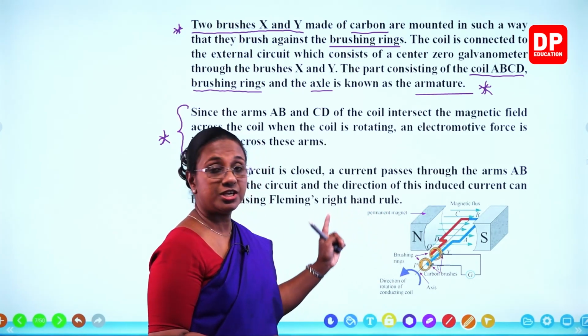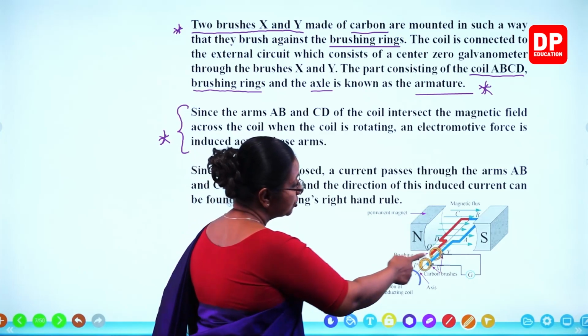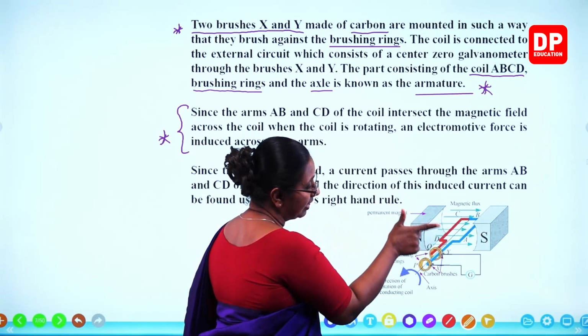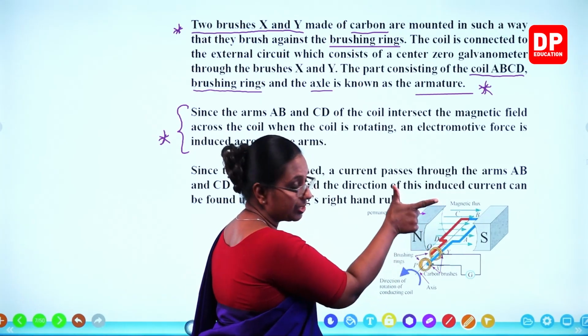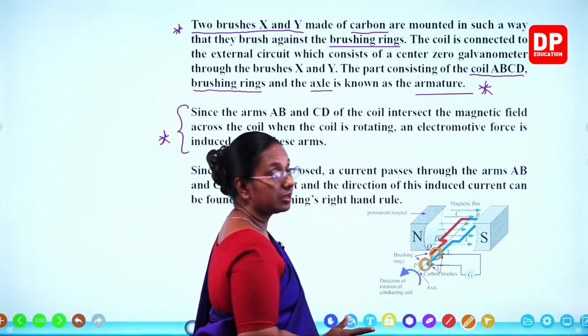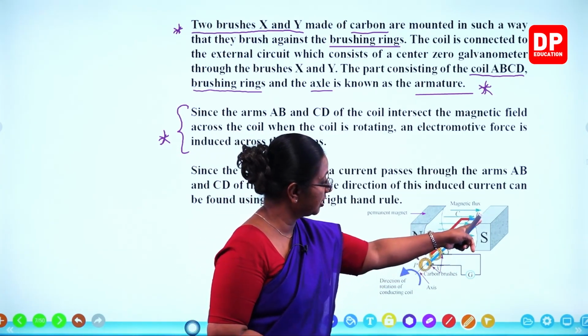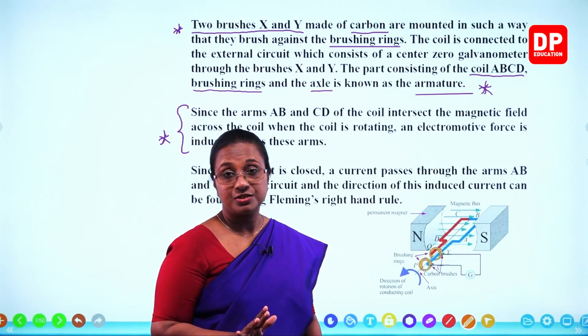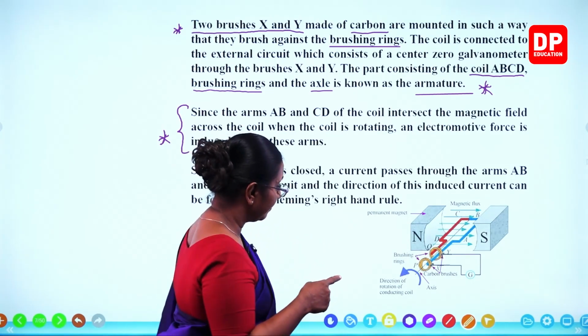Direction of the rotation is the anti-clockwise direction. So AB moves upwards. Magnetic field that way, the index finger, thumb points to the motion. So current will be into the conductor, that is in the direction ABCD. Is that clear, students? So that is how current will flow.